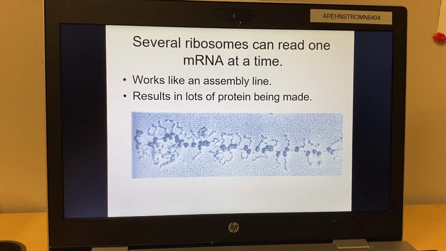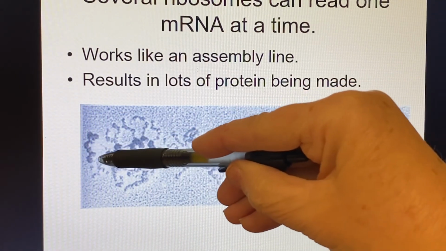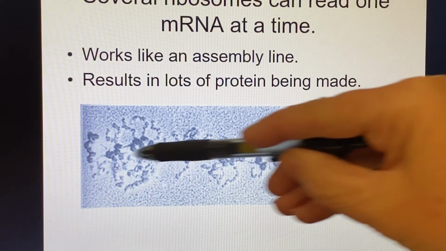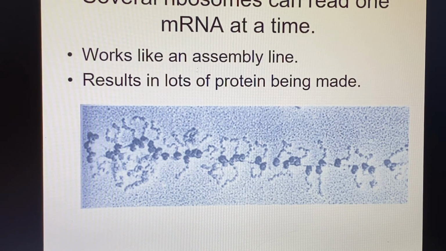Okay, so this is an electron micrograph picture, and you have to imagine that the messenger RNA is actually traveling, it's shown here. And then these darker circles are ribosomes, and the little curly cues coming out the top, that is the protein being produced.